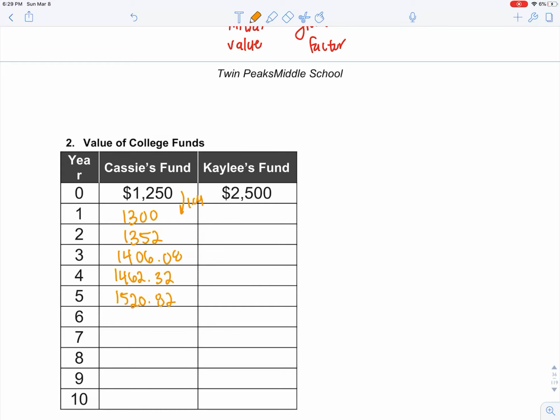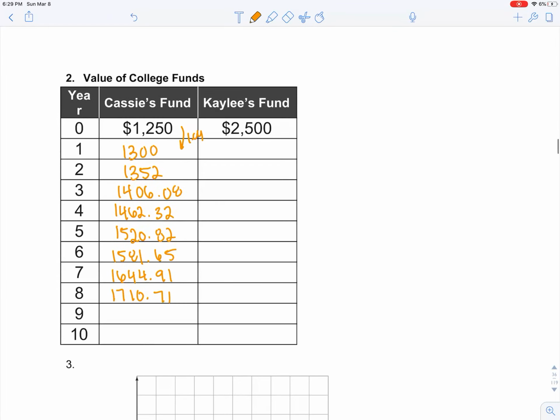All right, so let's continue multiplying by 1.04. So I get approximately 1,581.65, and then I keep going. Oh, forgot the decimal on my last one. 1.04, there we go. Isn't this nice?